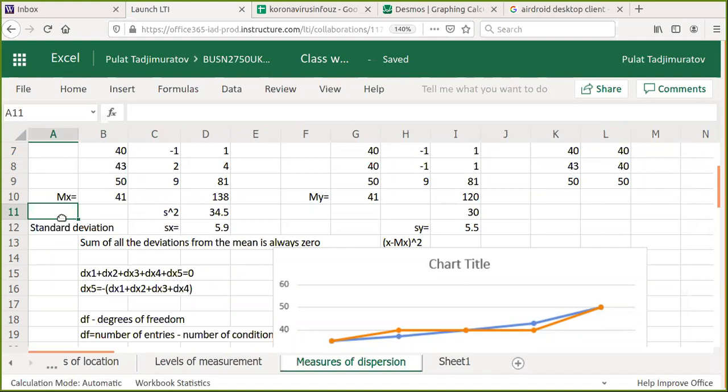And that's why we call this thing variation. If you take a square root of variation, you get your standard deviation. Both of them show how far your data is spread and how prone to change it is. When there is less change, you have less variation and less standard deviation.